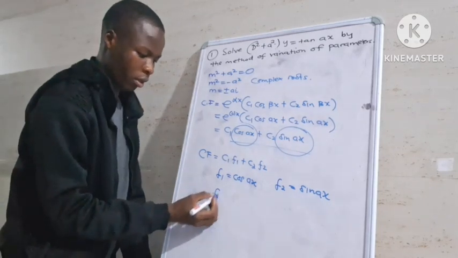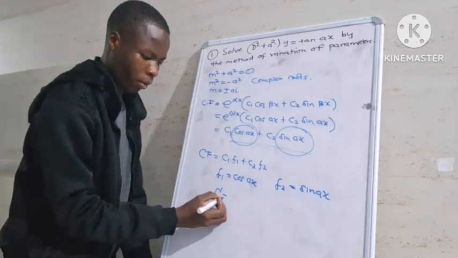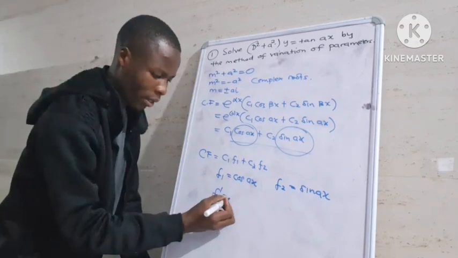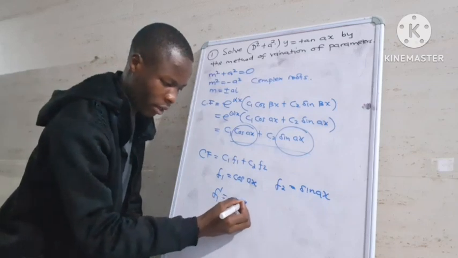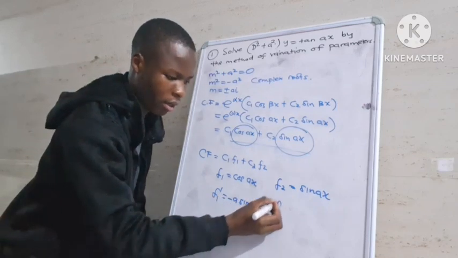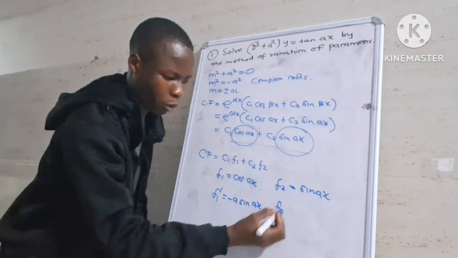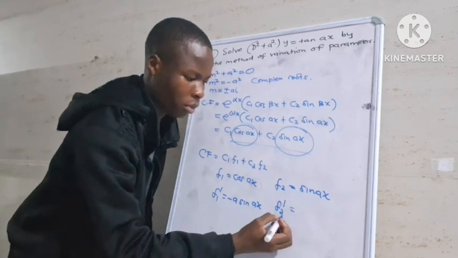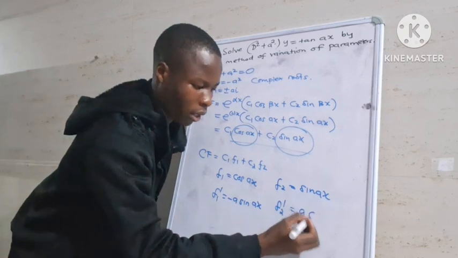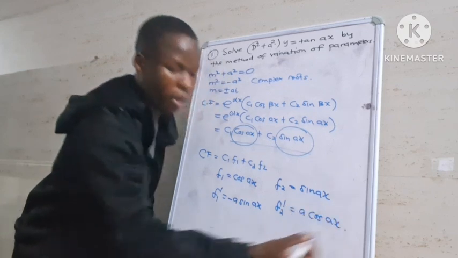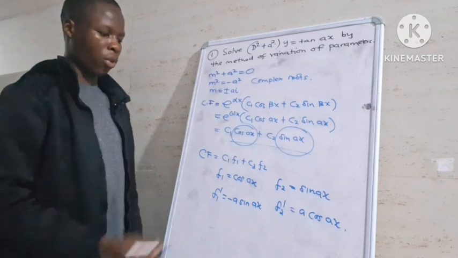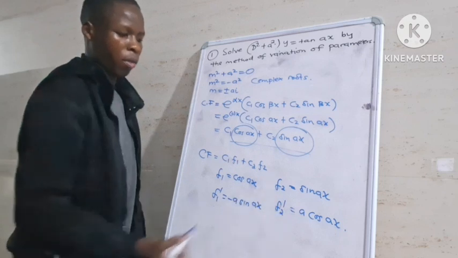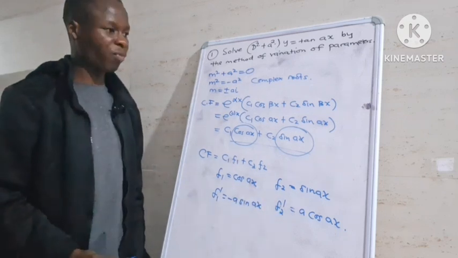The first derivative of f1 with respect to x is negative a sin ax. The first derivative of f2 with respect to x is a cos ax. We have f1, f2, and the first derivatives of f1 and f2.